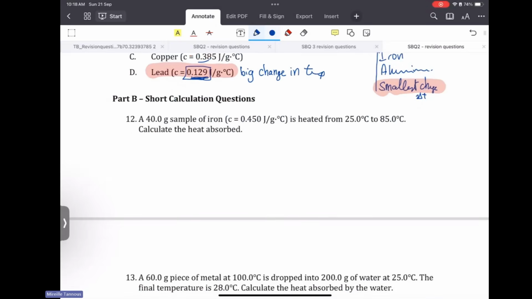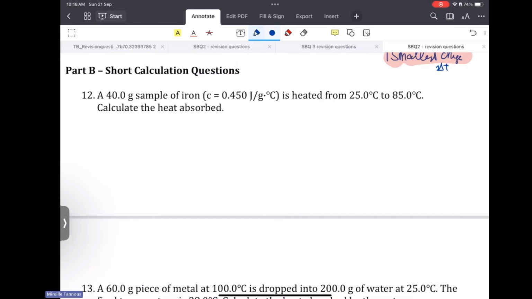Now, short calculation questions. A 40-gram sample of iron with a certain specific heat is heated from 25 to 85. Calculate the heat absorbed. The question is already telling you that the heat is absorbed. It means that the Q that you are going to get must be positive.